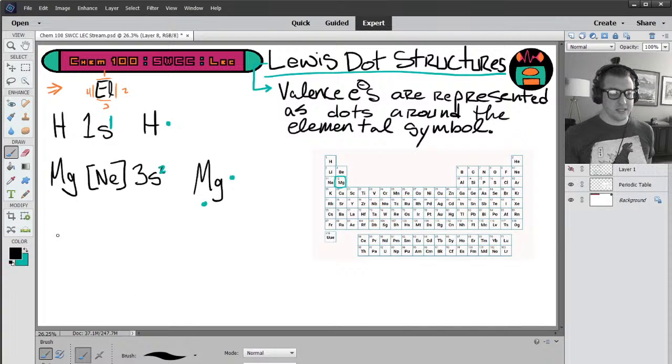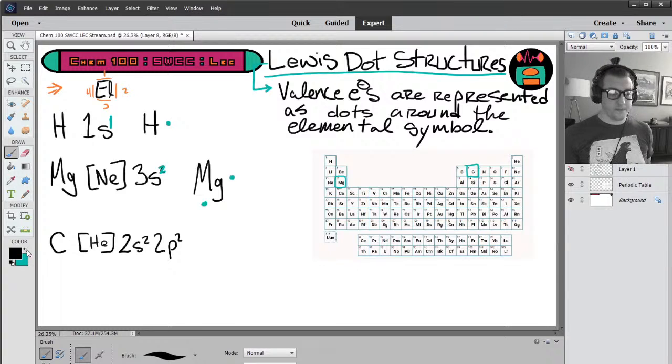If we looked at carbon, carbon is, of course, right here. Our electron configuration for carbon starts with a helium core, and then it's 2s2, 2p2.